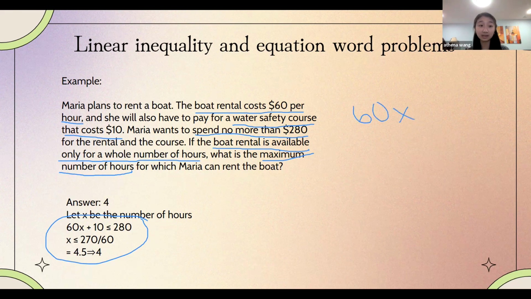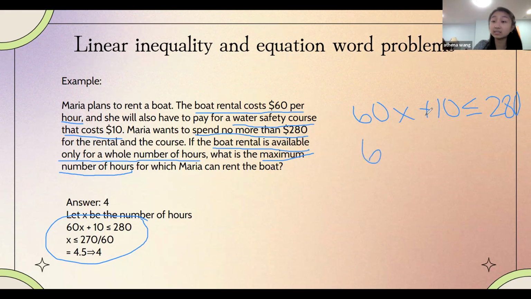Let's just make x the number of hours we rent the boat for. She will also have to pay for this water safety course, and this is a fixed cost, so we have to add this $10. And this has to be less than or equal to, because she wants to spend no more than $280.